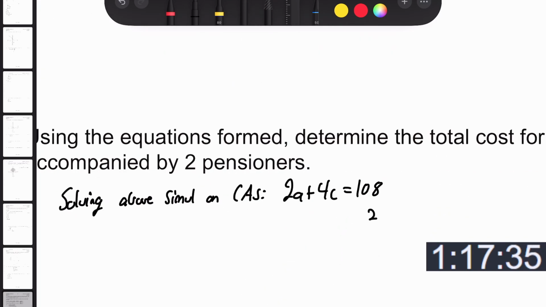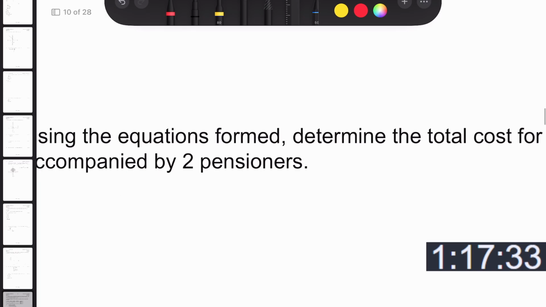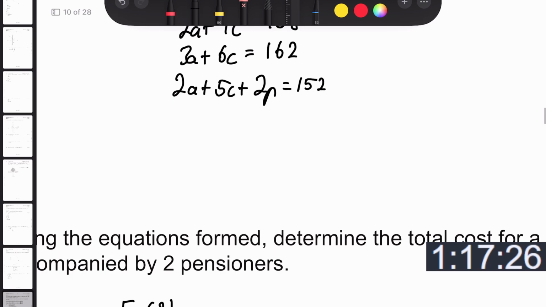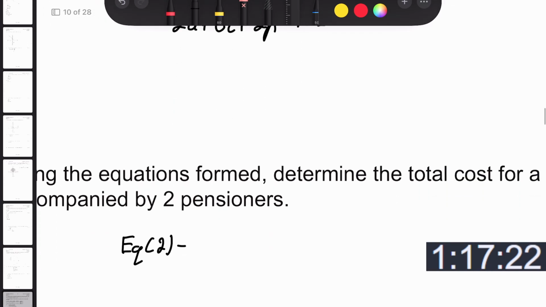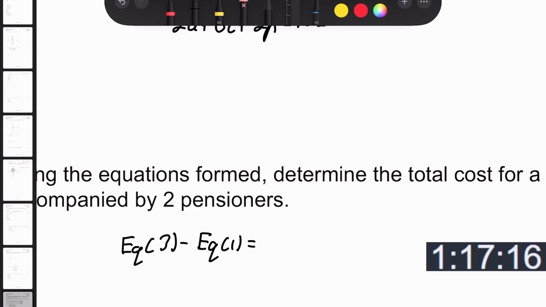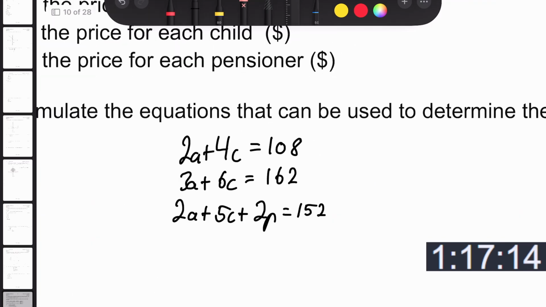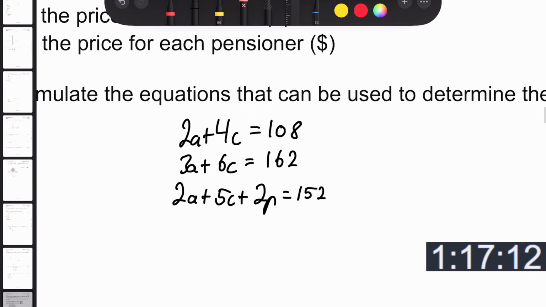Okay. So let's do equation 2, equation 3. Okay, we'll do equation 3 minus equation 1. Aha! Then the a's cancel, with 1c and 2p left.